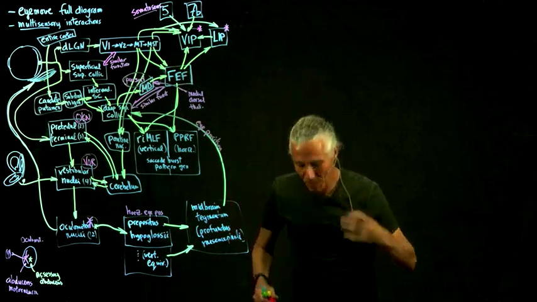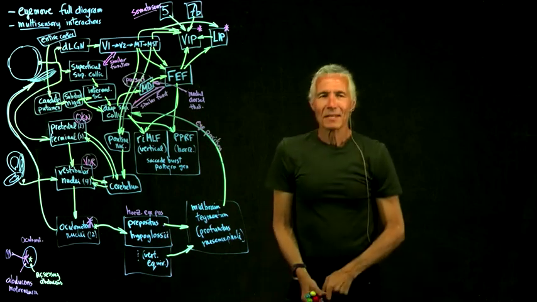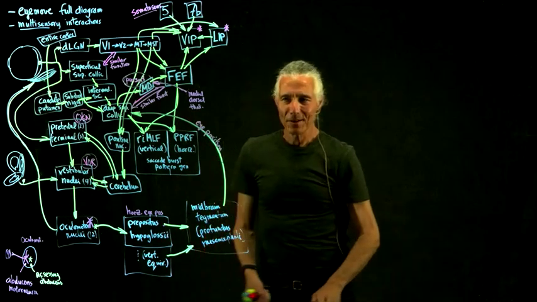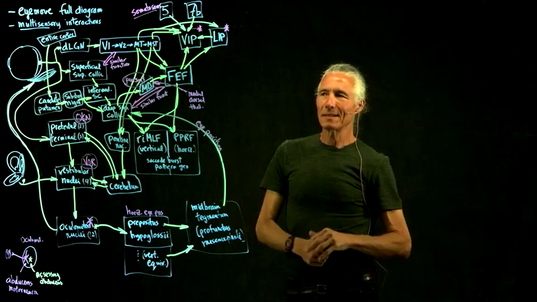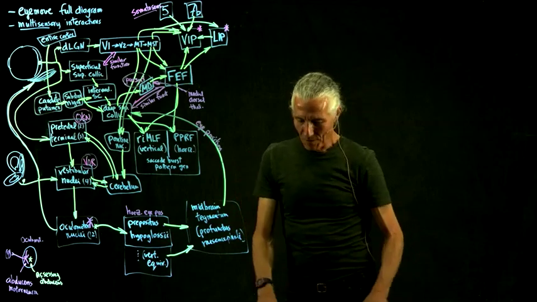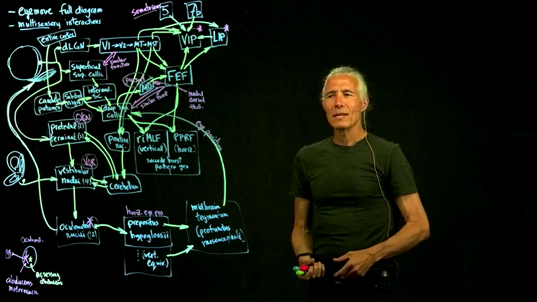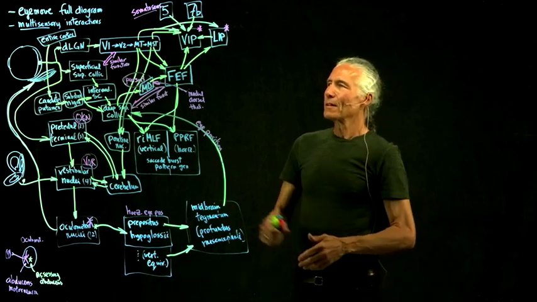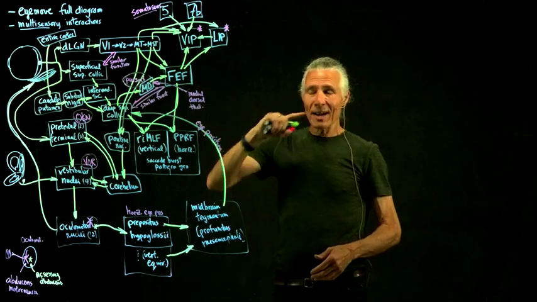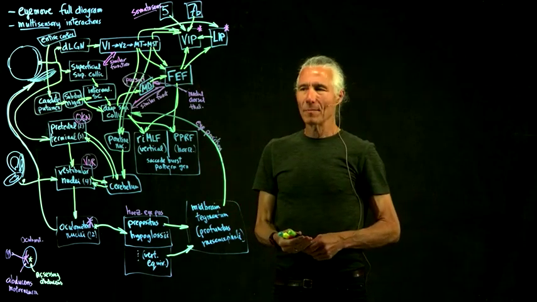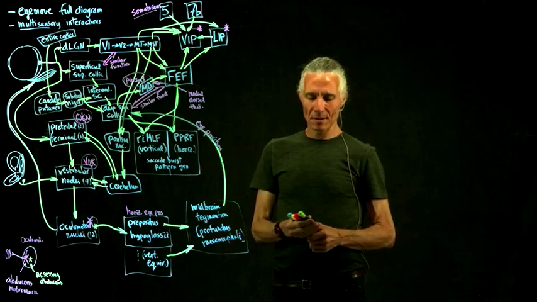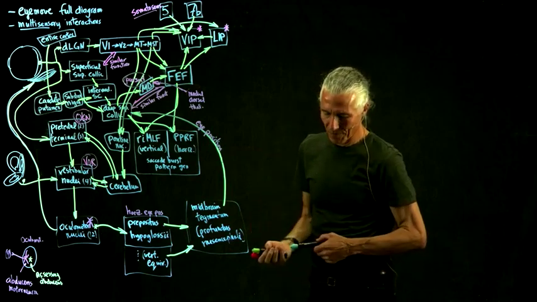Okay, so what are some of the things that are done? I'll talk about three in the second half here. What are the three kinds of multisensory interactions that this information can be used for up in higher cortical areas?